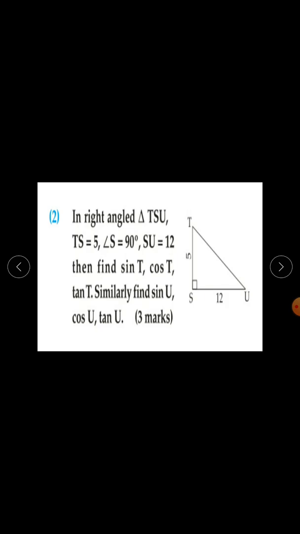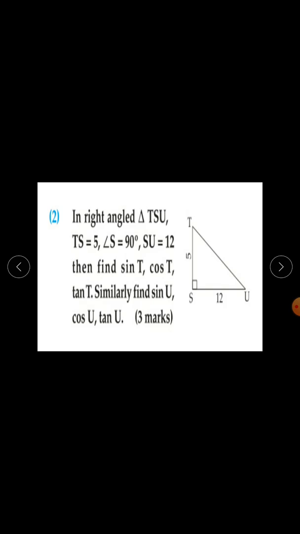Now question number 2. In right angle triangle TSU, TS is 5, angle S equal to 90 degree, SU equal to 12. Then find sin T, cos T, tan T. Similarly, find sin U, cos U, and tan U. We know sine ratio is the ratio of opposite side upon hypotenuse.